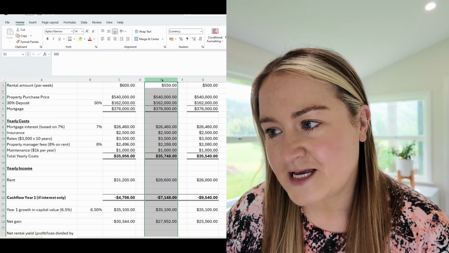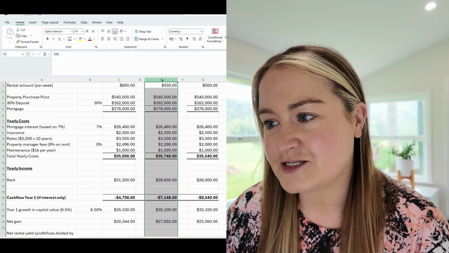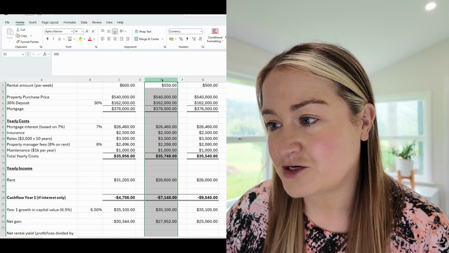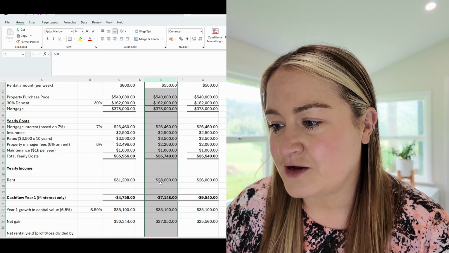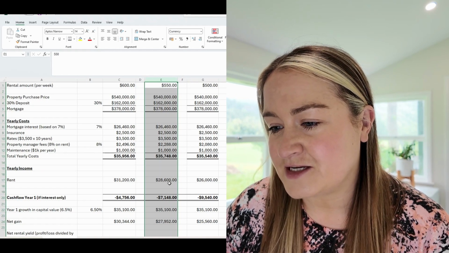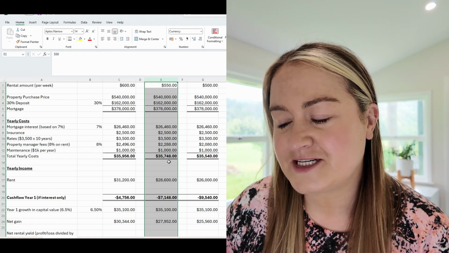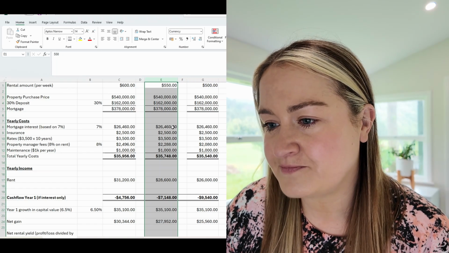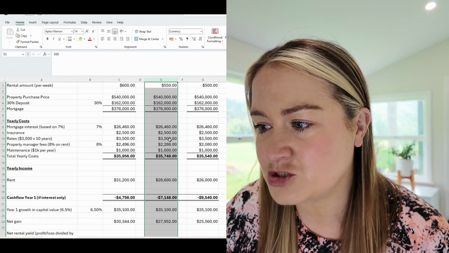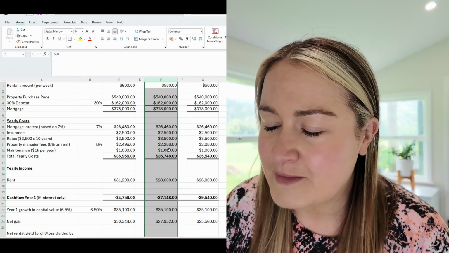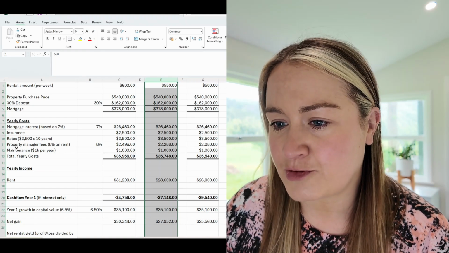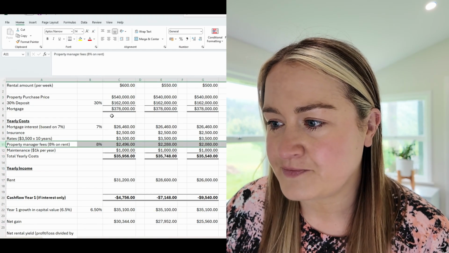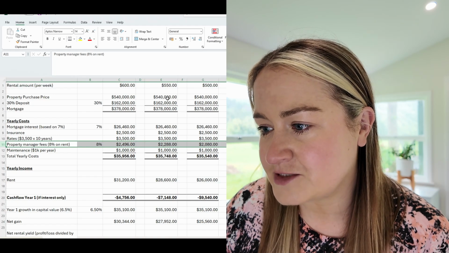More realistically, that property is going to achieve $550 a week rent, so $28,600 a year. My costs stay relatively the same because the interest rate is the same, 7%, insurance, rates and maintenance don't change, it's just the property manager fees change based on the weekly rental amount.